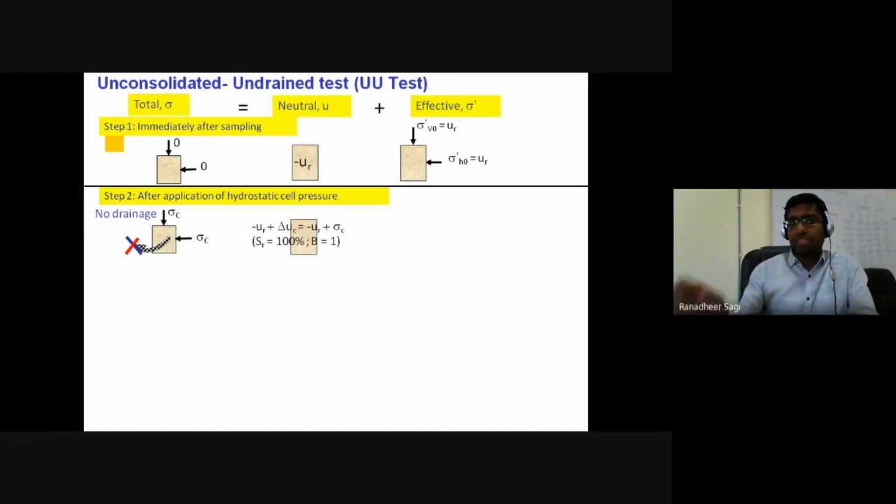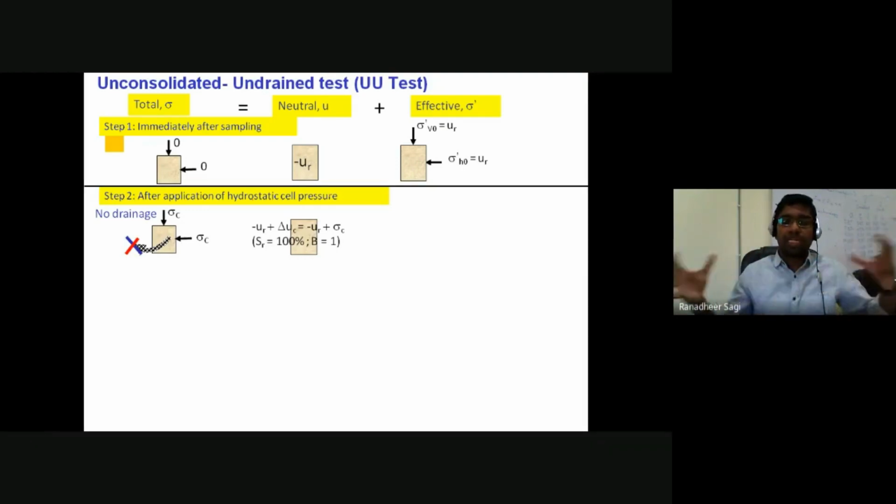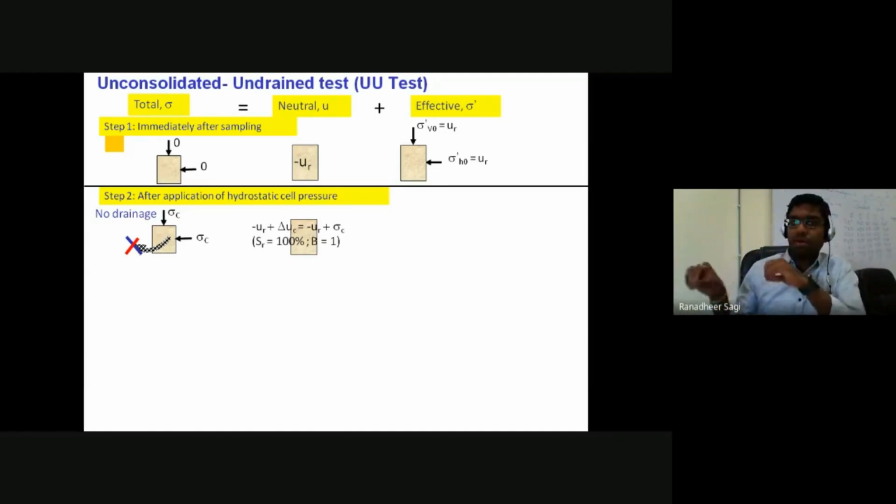In case the soil is fully saturated, because either in the case of UU test or CU test or CD test, we said we will ensure that the soil is fully saturated, and only on such soils are we going to conduct the test, then it is obvious that whatever might be the increment in your confining pressure that you have applied on the soil sample without allowing any drainage.